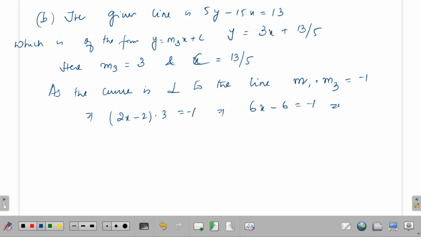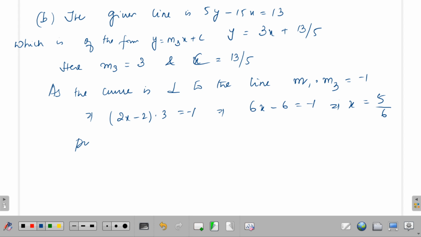So x is equal to, let me see whether I made any mistake or not. No, there's no mistake. So 6 becomes plus, so it will be 5 by 6.